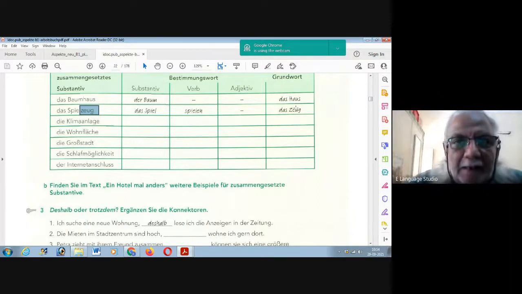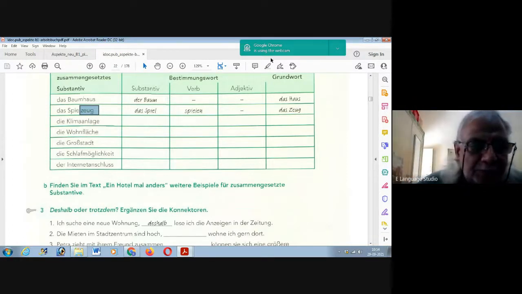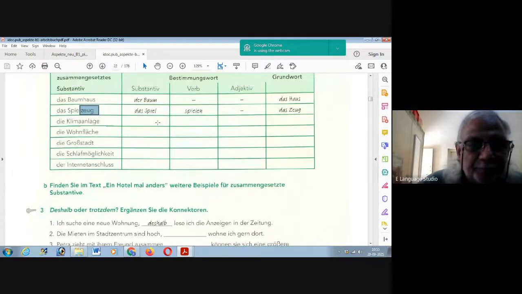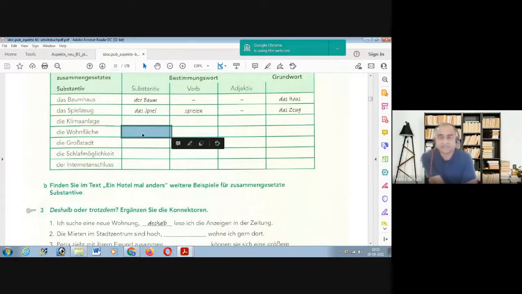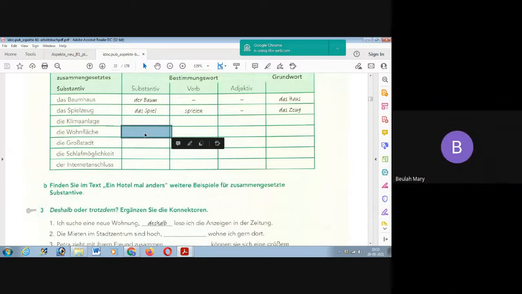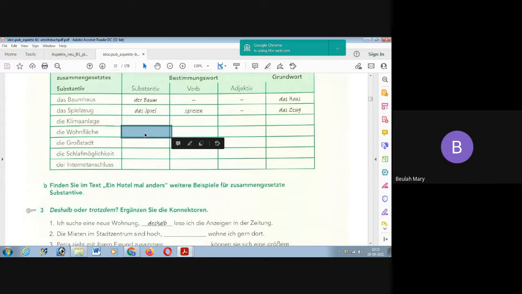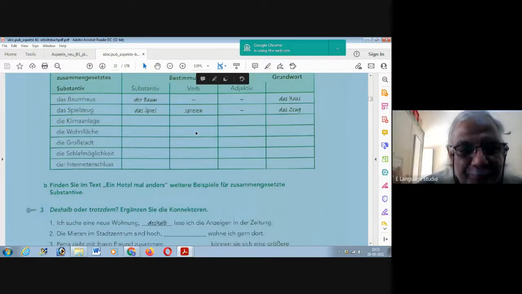Ja, so eine Anlage zur Einstellung des Klimas, for adjusting the climate. So, Wohnfläche. What's a noun here? Die Wohnung, die Fläche. Nouns ending with UNG are always feminine, die Wohnung. Also the verb is wohnen. Adjective?